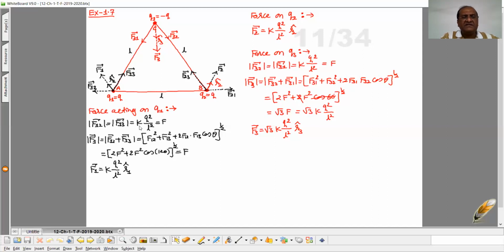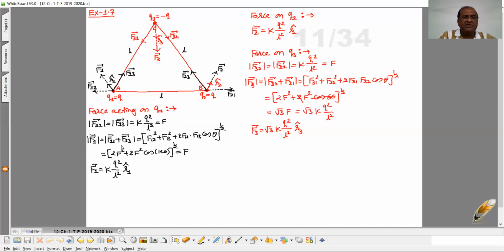So we can write that as KQ square upon L square, where L is the side of the triangle, so that is the distance between two charges. And say that is F.